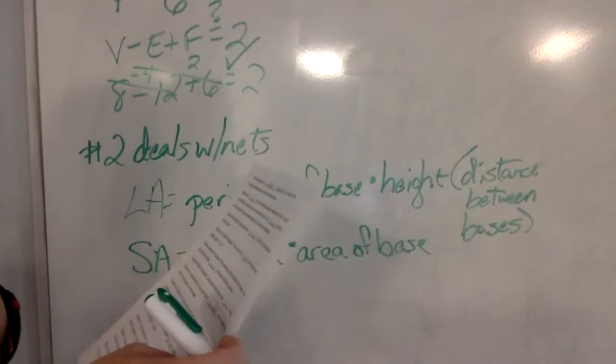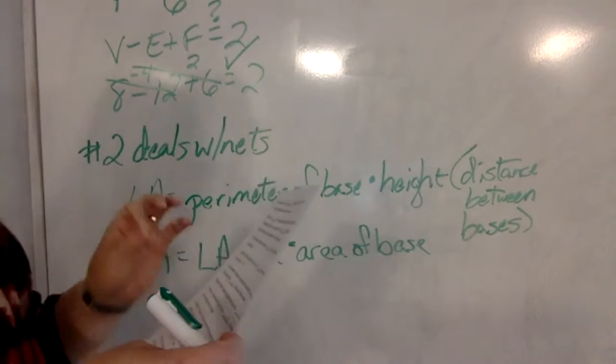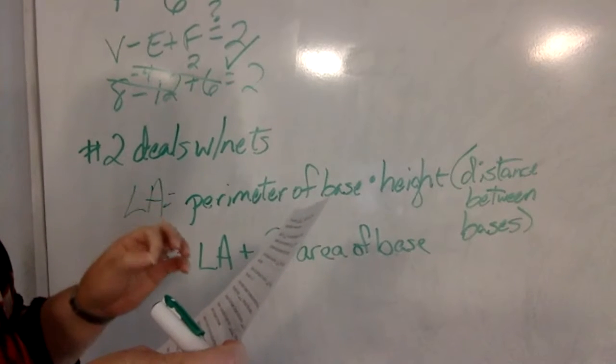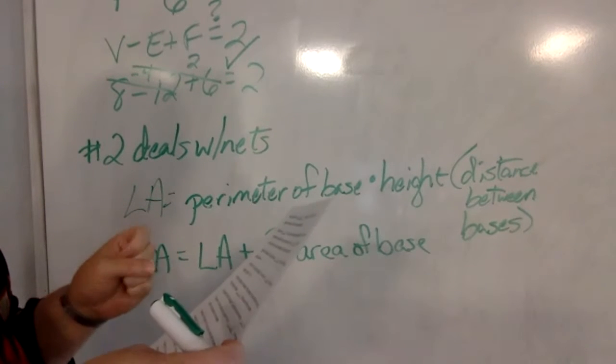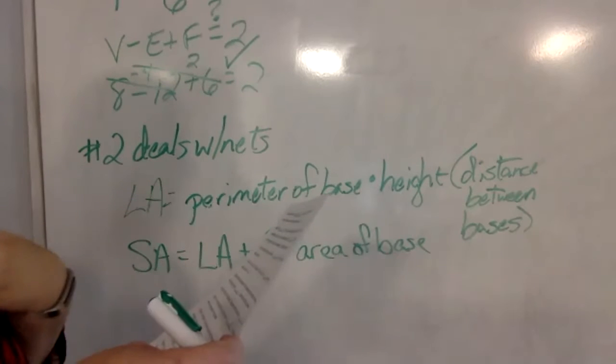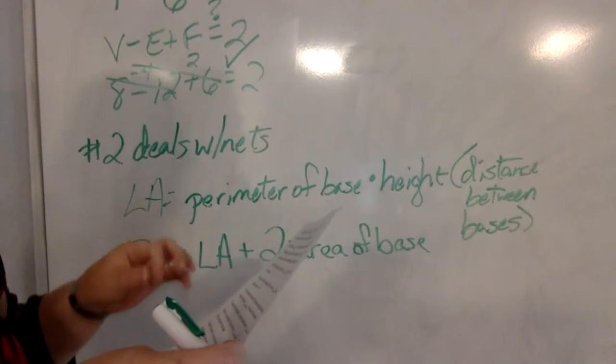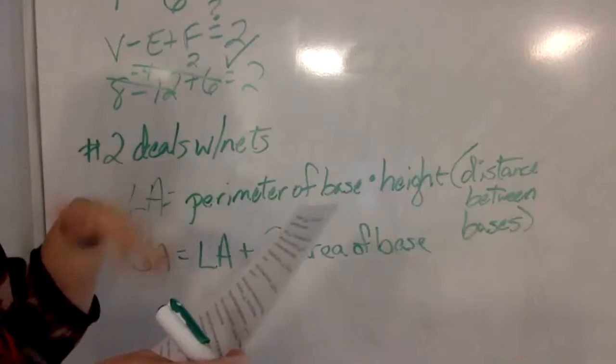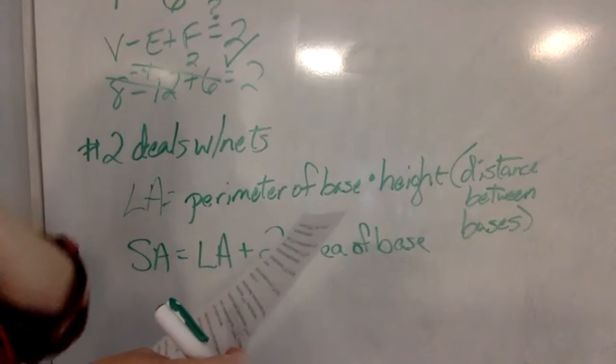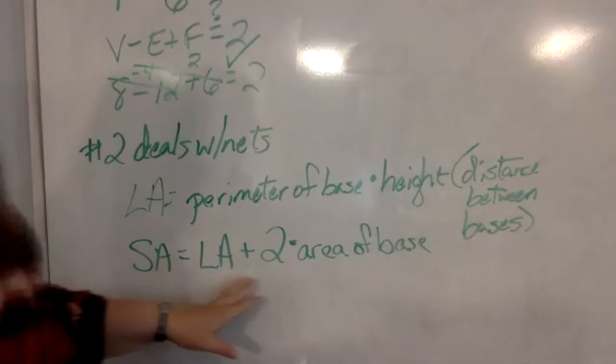On 9.4 in your notes, it says a cubic unit is a cube whose edges measure 1 unit, a cubic centimeter, a cubic foot, or any other cubic unit. Volume of a solid is the number of cubic units that would be needed to fill its interior completely. So area is measured in what kind of units?